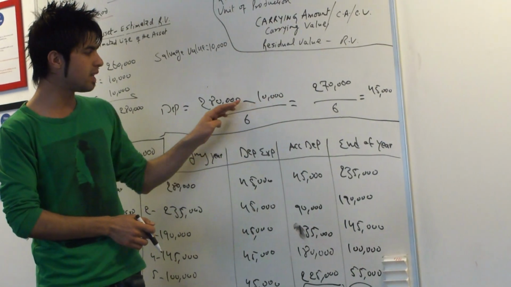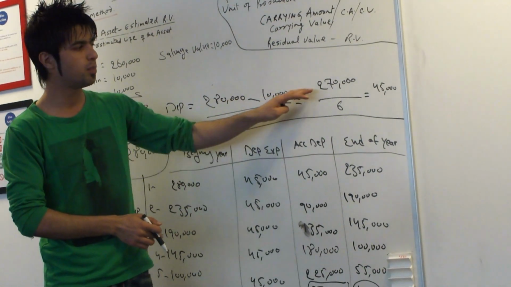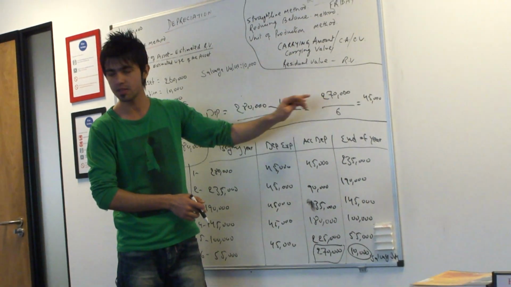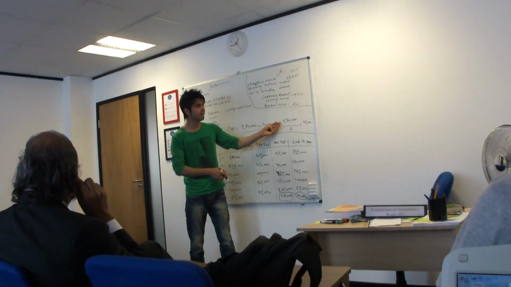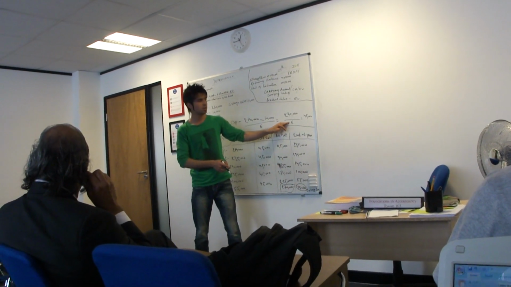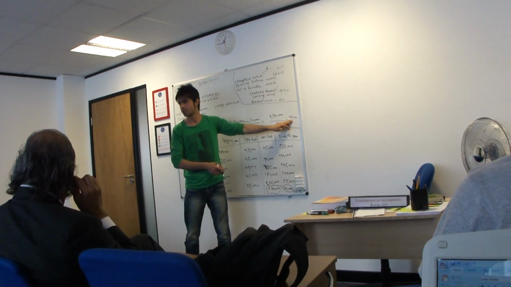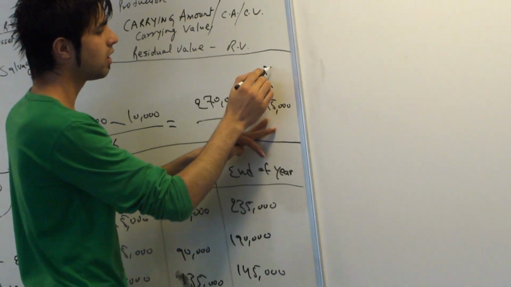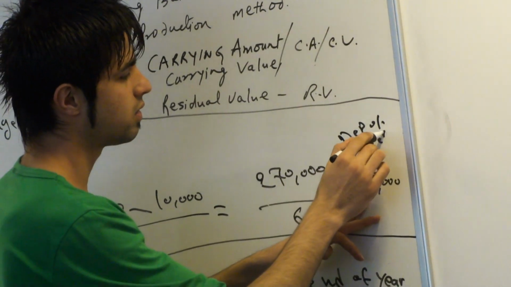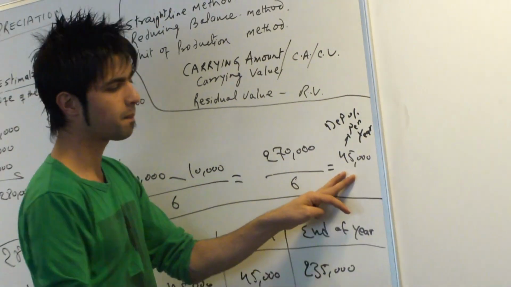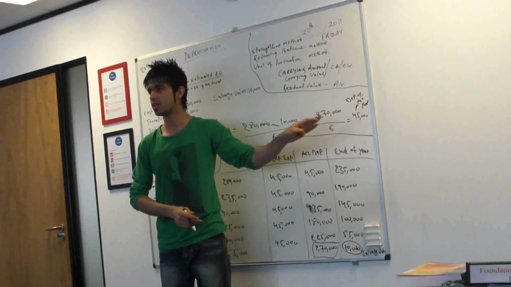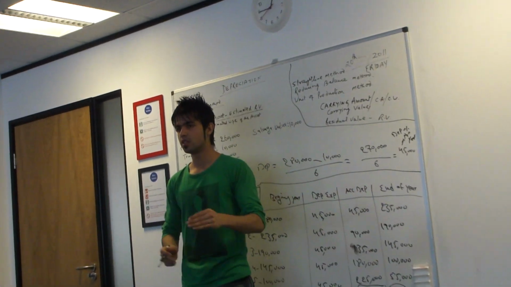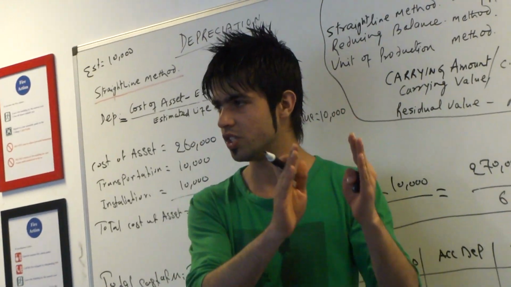So when we minus this 10,000, it becomes 270,000. And when we divide this by 6 years, we get 45,000. This 45,000 means depreciation per year. As you know, in the straight line method, the depreciation should be equal each year.